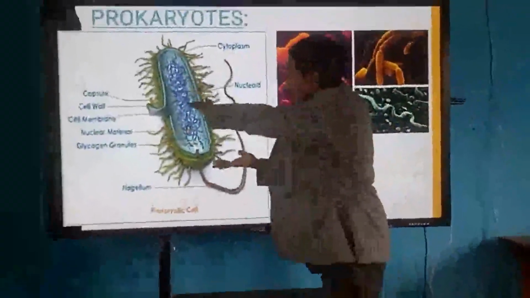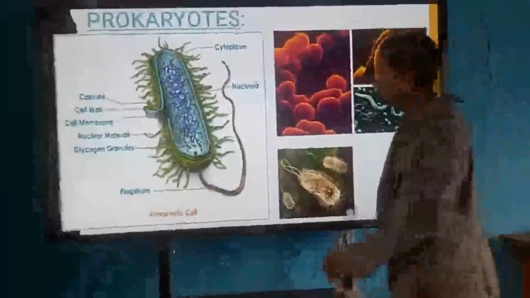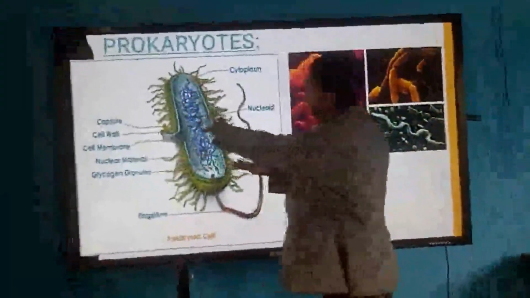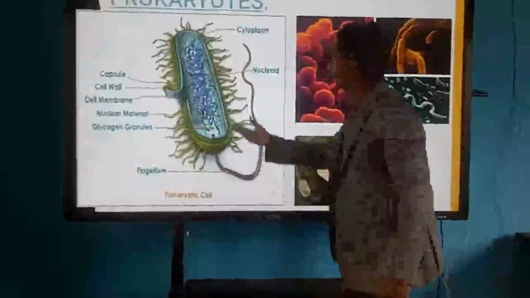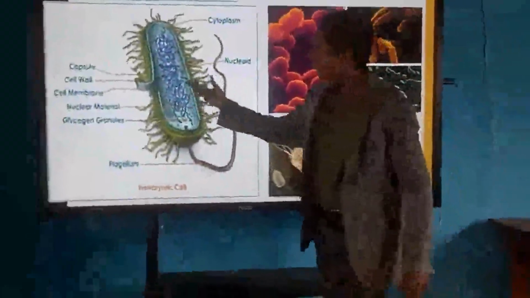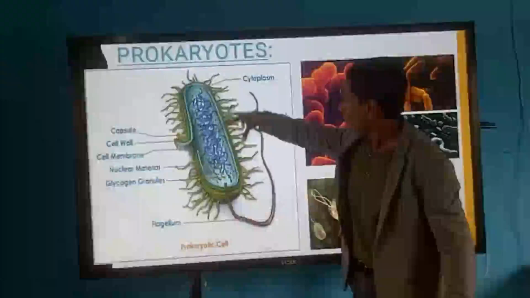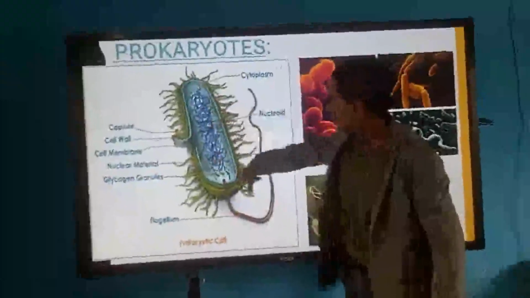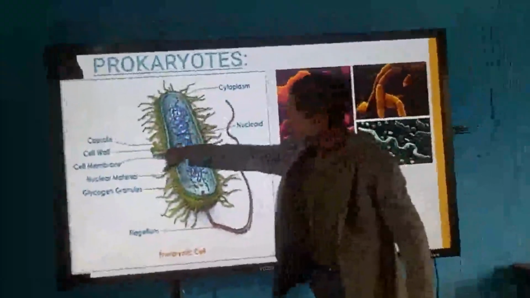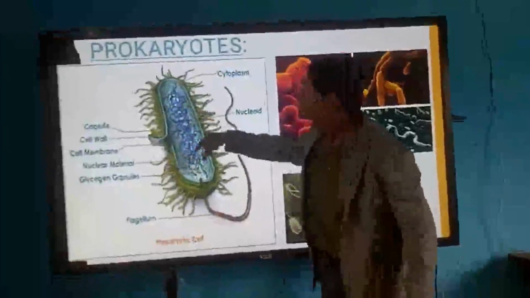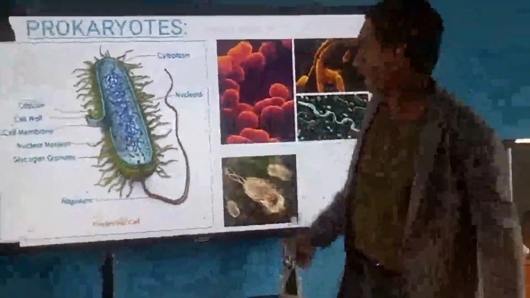This diagram shows the basic structure of a prokaryotic cell. When we consider the cellular structure, they don't have any well-developed structure. You can see there are no membrane-bound organelles. They always have a cell wall and a cell membrane, but the cell membrane is also not as well developed as in eukaryotic cells.